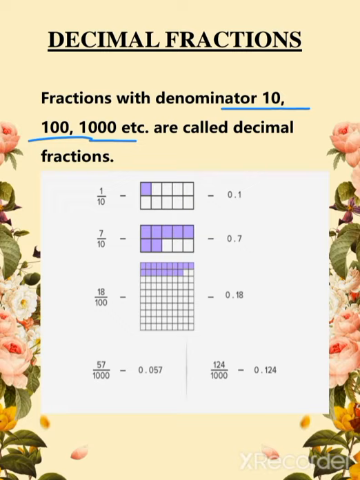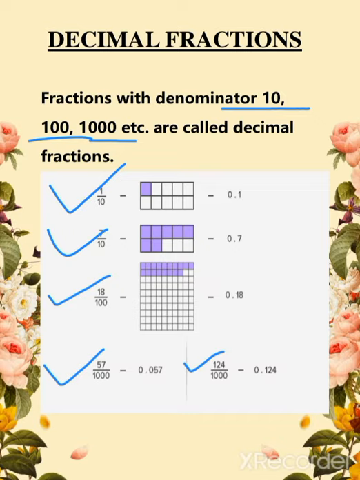For example, 1 by 10, 7 by 10, 18 by 100, 57 by 1000, 124 by 1000. In all of these fractions, the denominators are powers of 10, so all these fractions are termed decimal fractions.